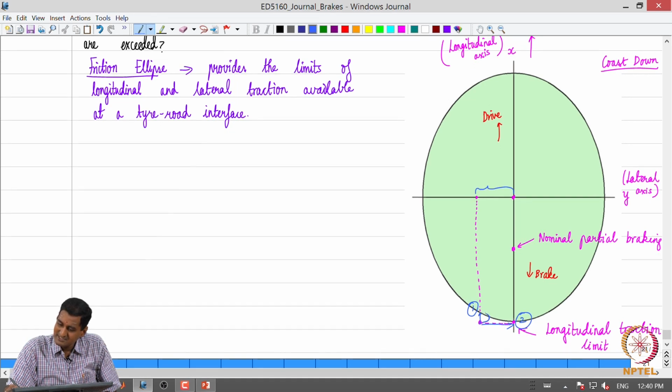I have essentially ensured that I have reduced my Fx. Now if you want to reduce the Fx, what do we do? I need to reduce the braking force. Now all of us know that braking force depends on the actuation force, for a fixed brake factor. Actuation force is brake pressure times area of the actuator.